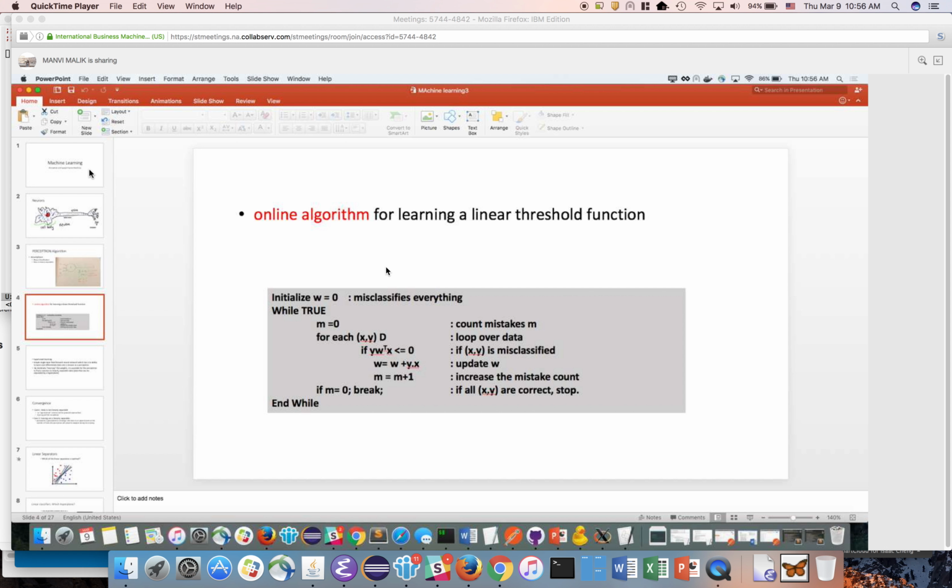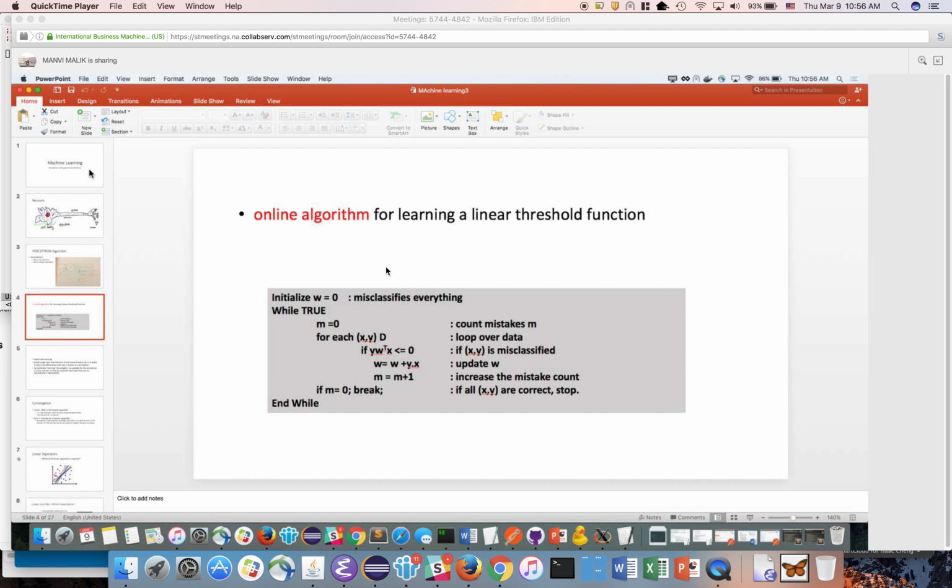And let's say all these points by default are negative. So I'm assuming that every point is misclassified. But that may not actually be true. And then we keep on moving this weight vector. Let's say after the first update, it comes here. Then after the next update, the hyperplane moves over here. Then after the next update, the hyperplane moves over here.